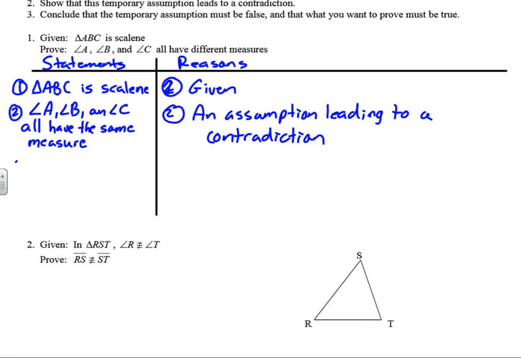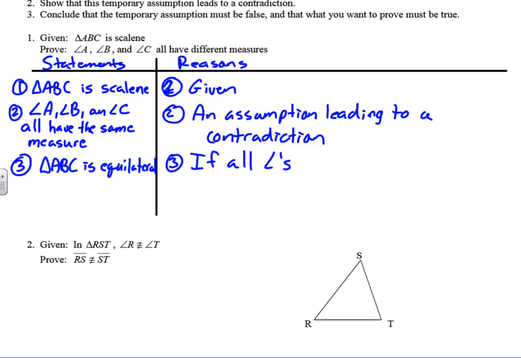So what happens here is, if angles A, B, and C all have the same measure, we could say that triangle ABC is equilateral. And the reason would be if all the angles are equal, then the triangle is equilateral. All right, now, why did we do that?